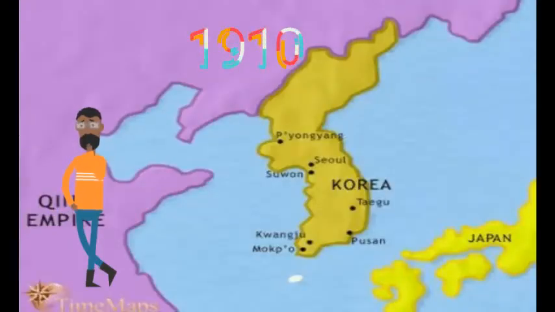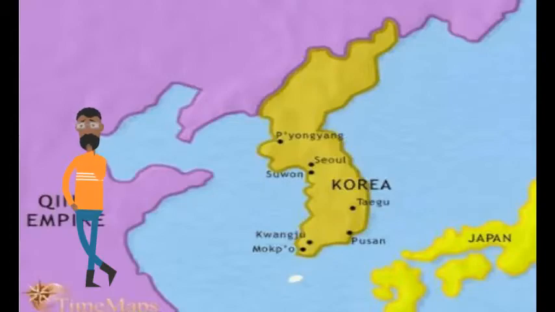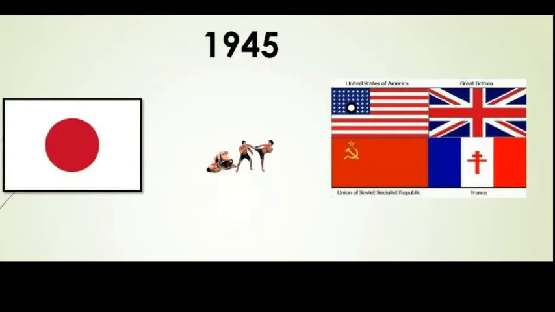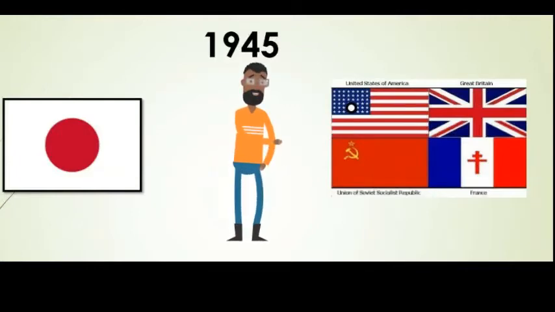In 1910, Korea was colonized by its neighbor Japan. Korea was one. There was no North or South Korea. Back in 1945, especially in Asia, World War II was between Japan and the Allies, consisting of the USA, Britain, the Soviet Union, and France.